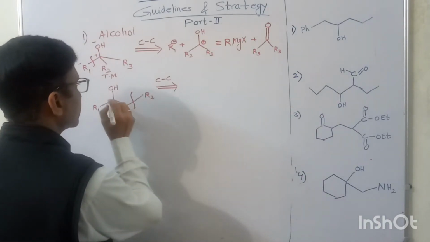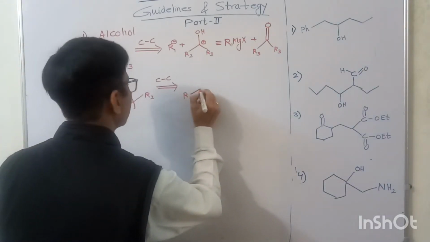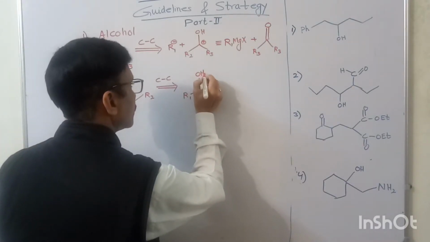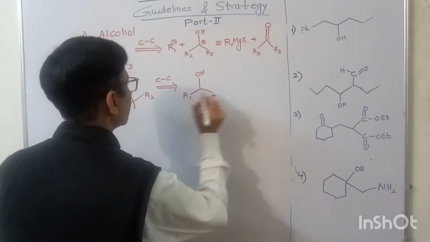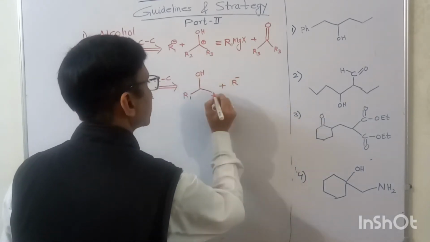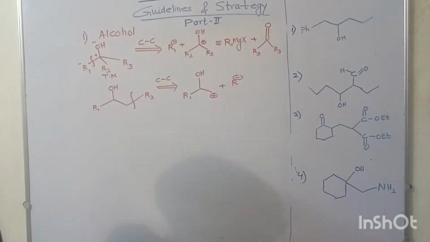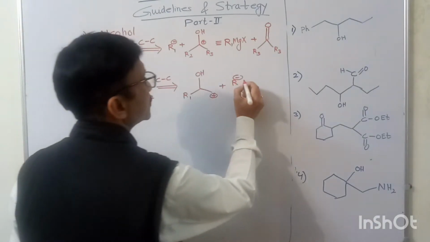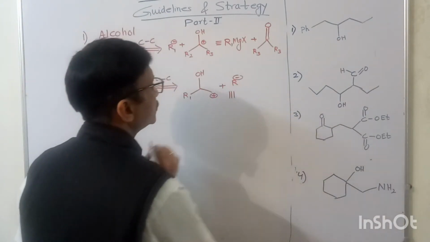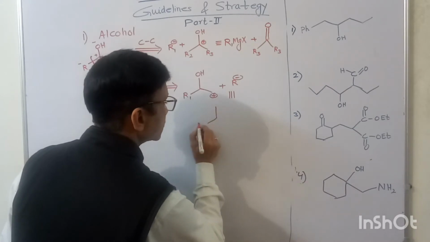So suppose I disconnect it. After disconnection, this is the synthon that we are getting, and corresponding to this synthon, this is the synthetic equivalent that you will write.